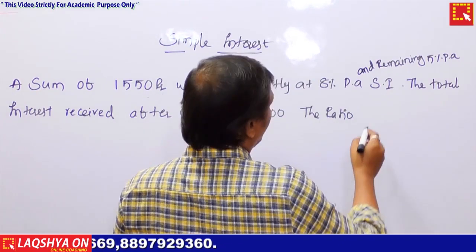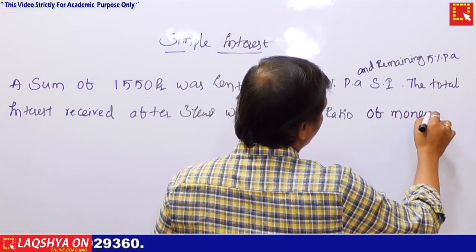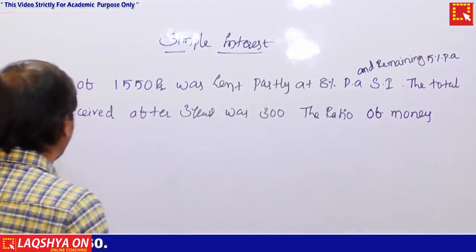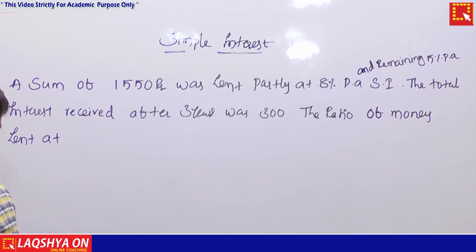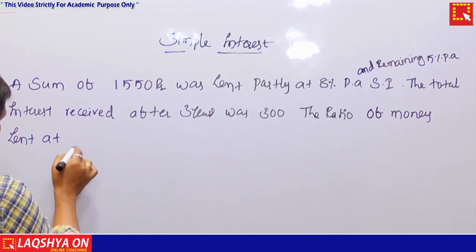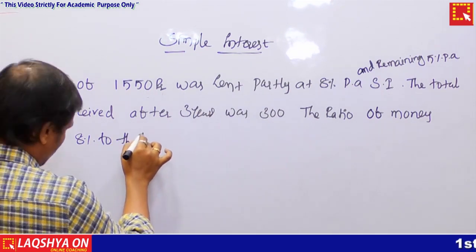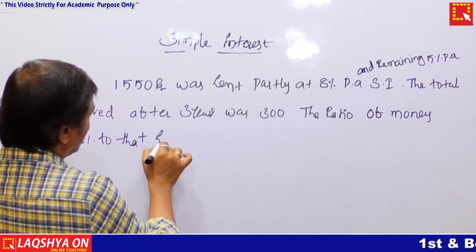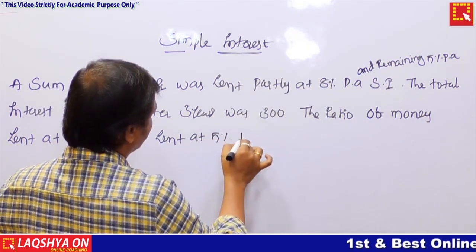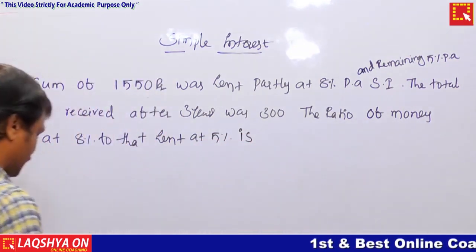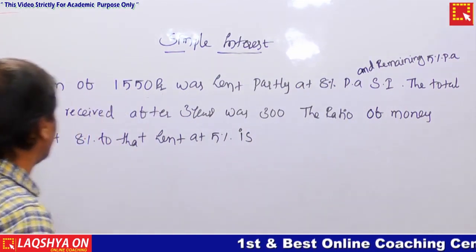The ratio of money lent at 8% to that lent at 5% is. Okay, let's see what is the ratio.